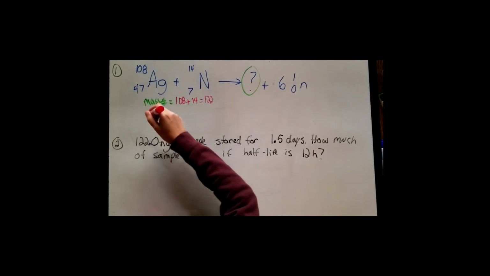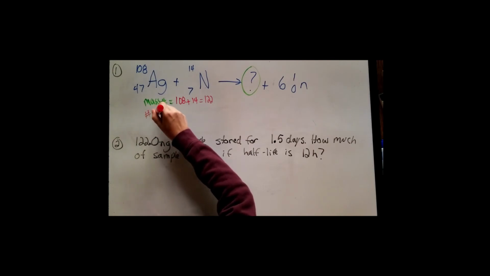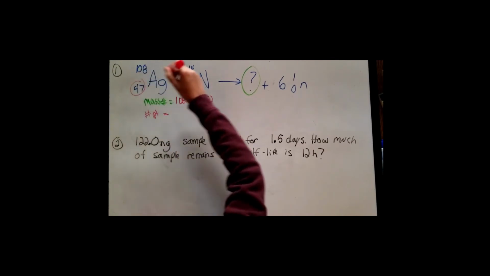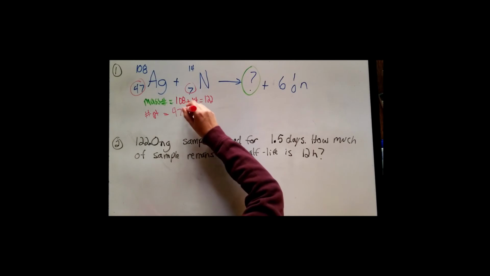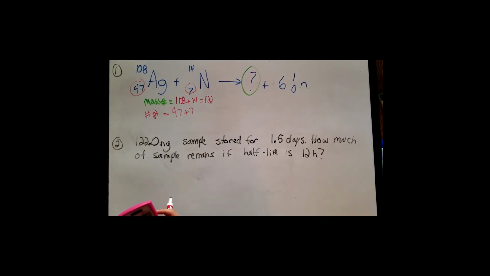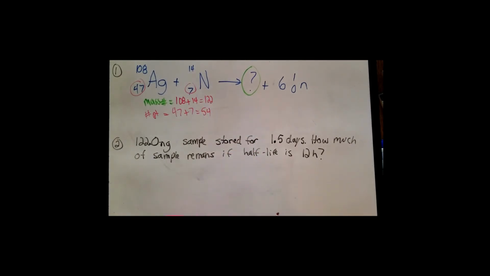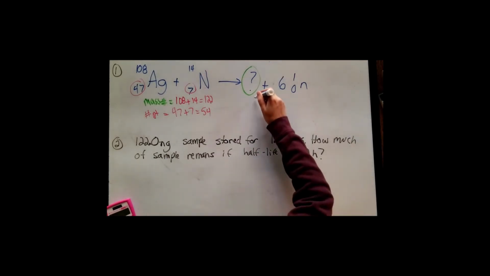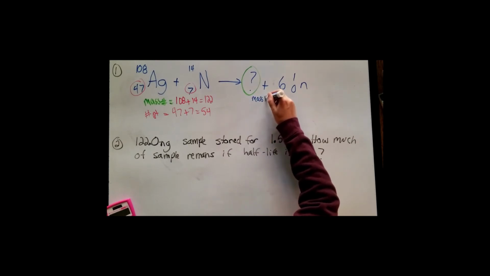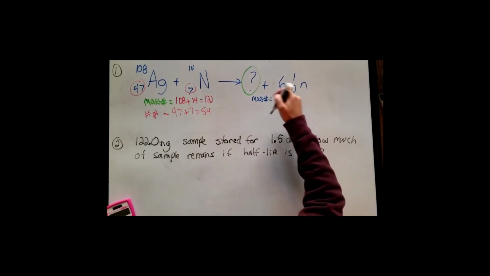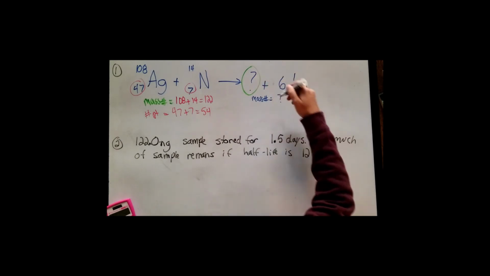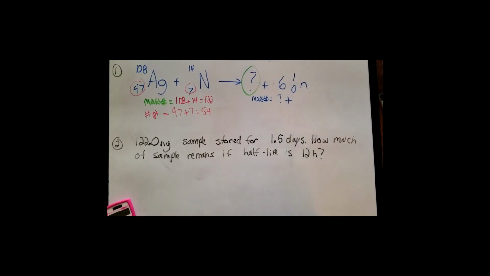Okay, next let's do the number of protons. So these two, 47 plus 7 equals 54. So what are we comparing that to? Well, the mass number on this side is question mark, because whatever the mass number is on that, plus, okay, well, let's look at this.